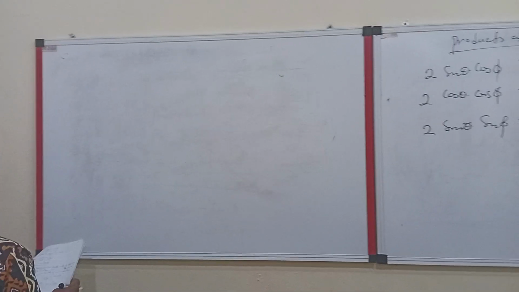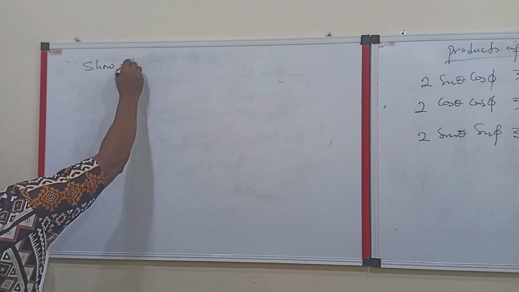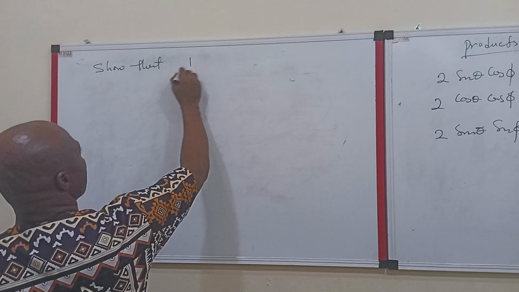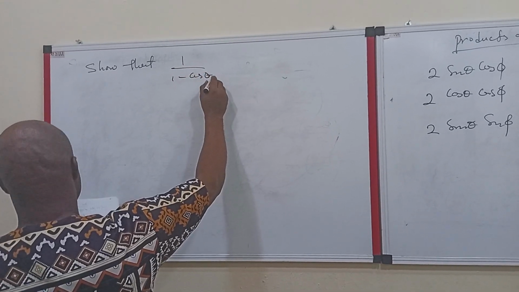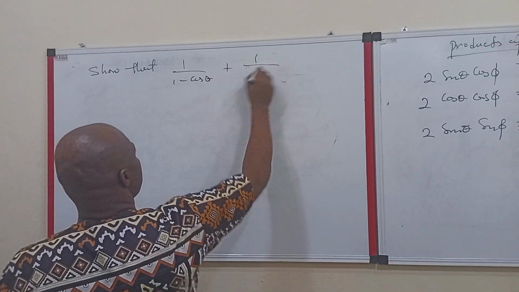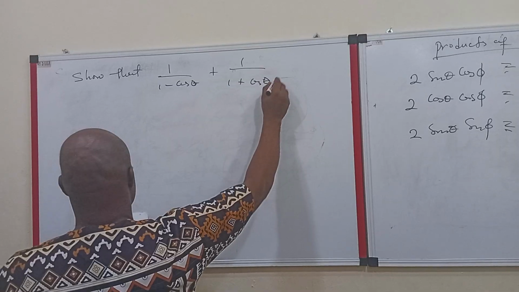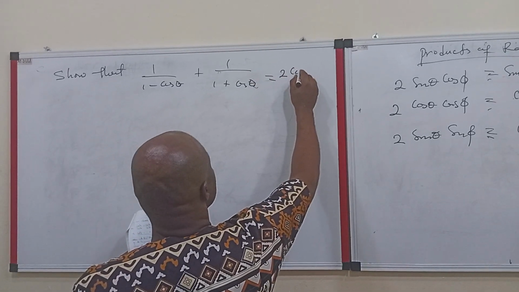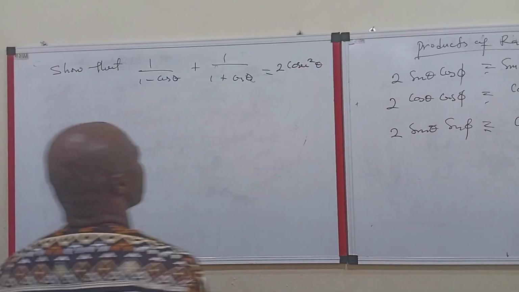If we say show that 1 all over 1 minus cos theta plus 1 all over 1 plus cos theta is equal to 2 cosec squared theta.